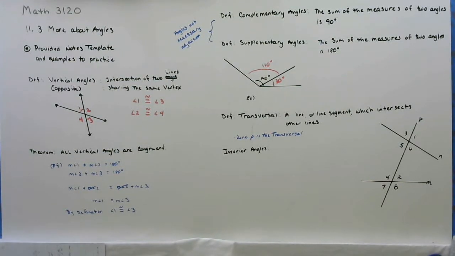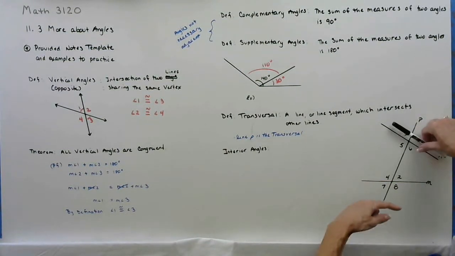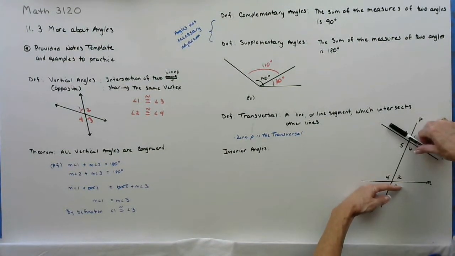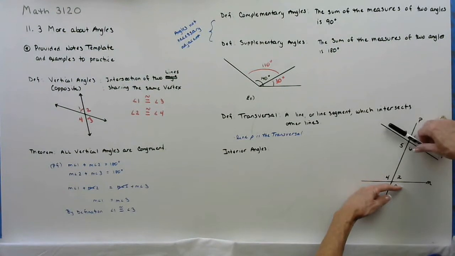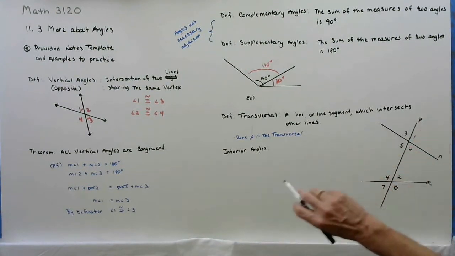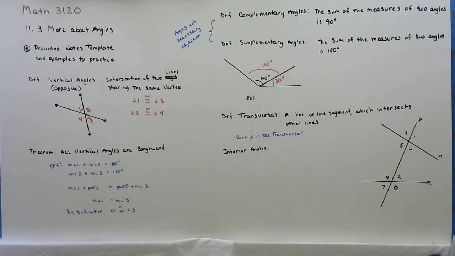Interior angles are the angles that are on the inside of the 2 lines that were cut by the transversal. So here's my 2 lines that were cut by the transversal. So angles 2, 4, 5, and 6 are on the interior part of those 2 lines. So those would be called our interior angles.